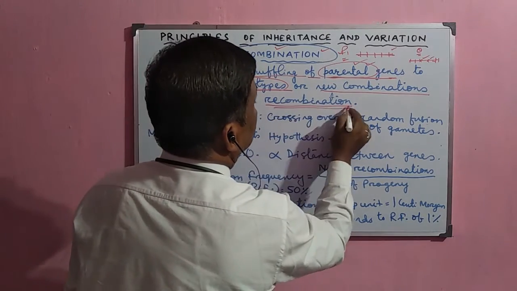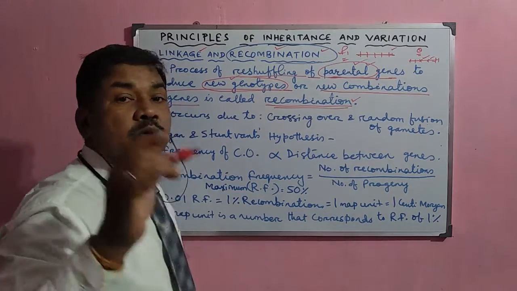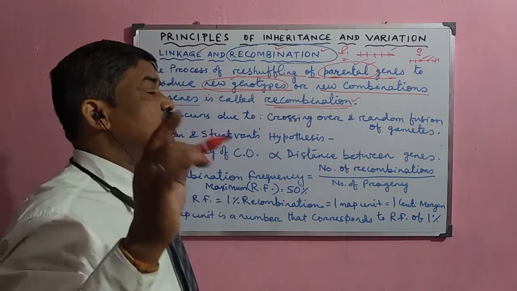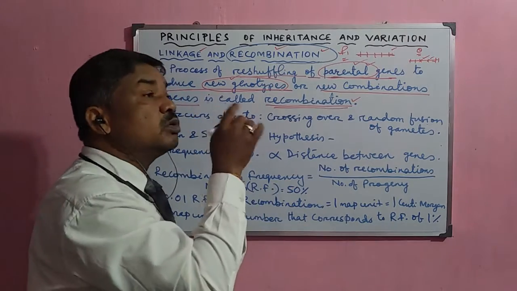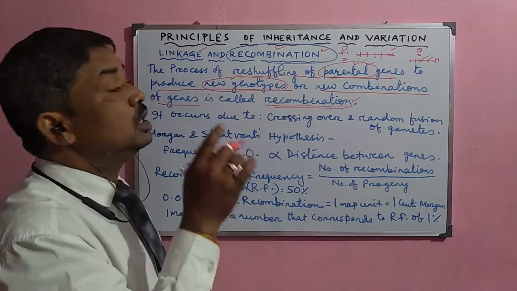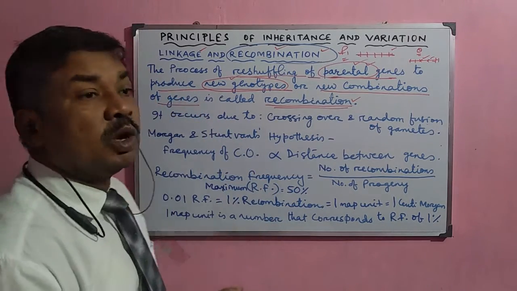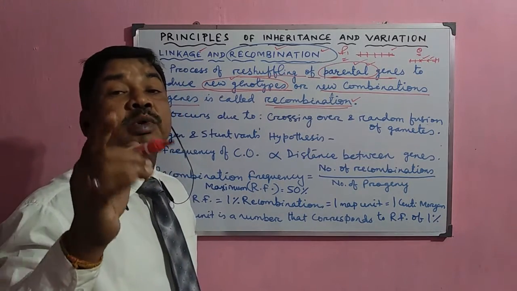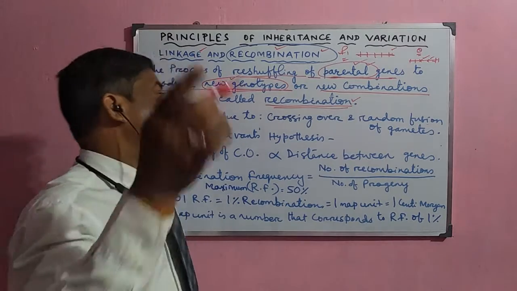That means whatever combination was there in the parent is changed, or reshuffled, and a new combination of genes is observed in the offspring. And that is why in the offspring the characters are different from their parents.